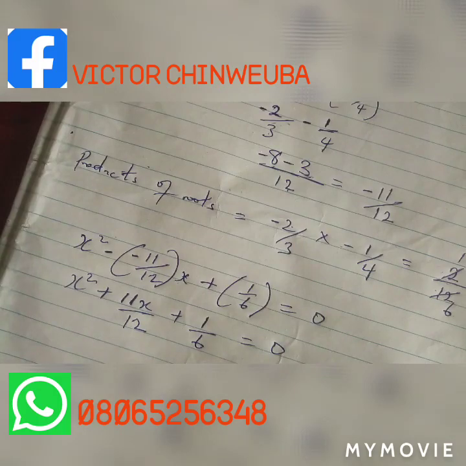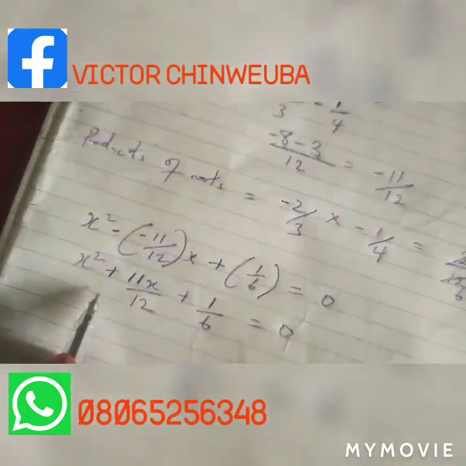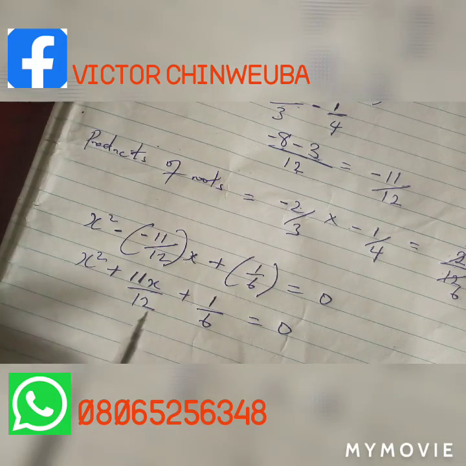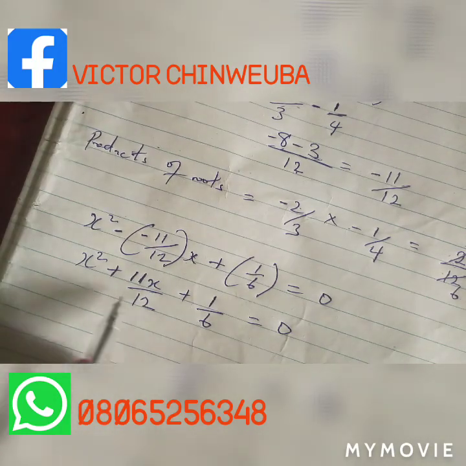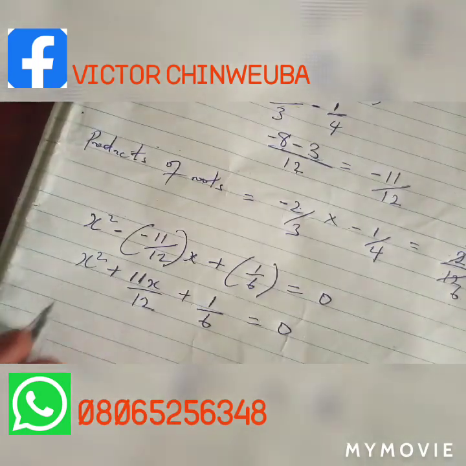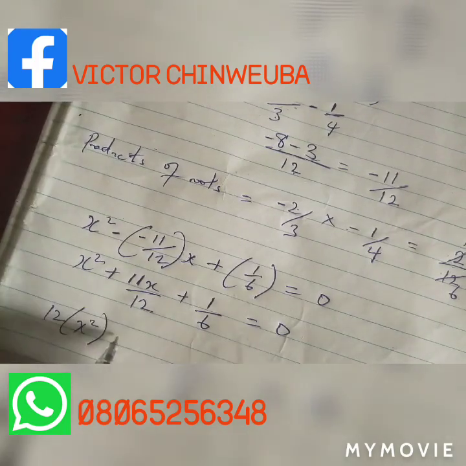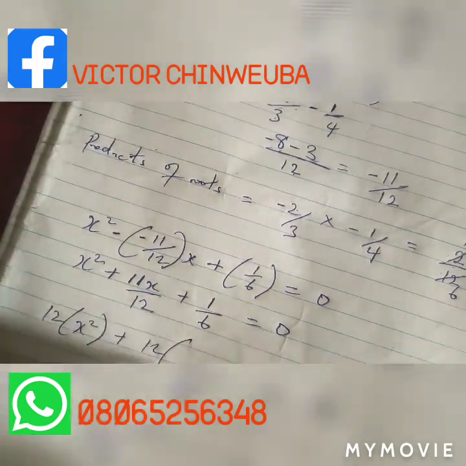Now we have to clear this fraction. So what are we going to do? What's the LCM of 12 and 6? The LCM of 12 and 6 is 12. So we're going to multiply through by 12.